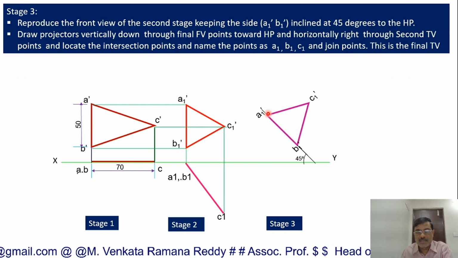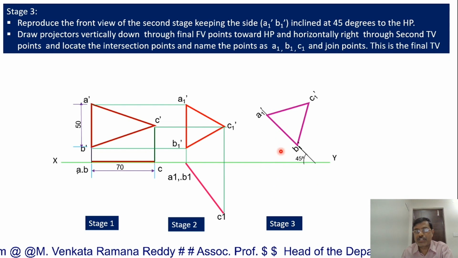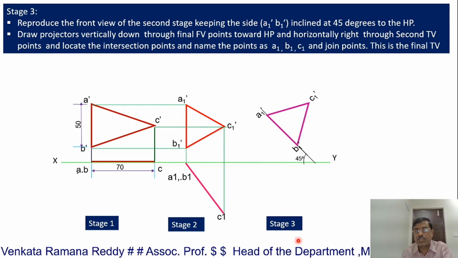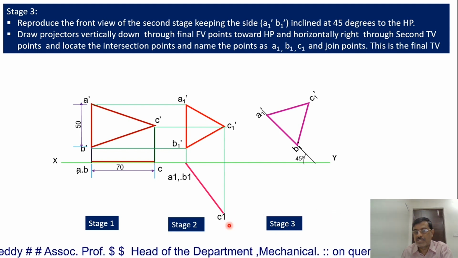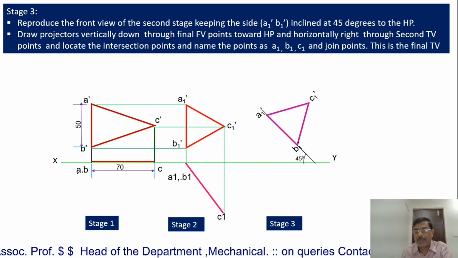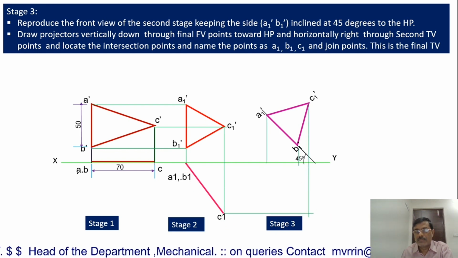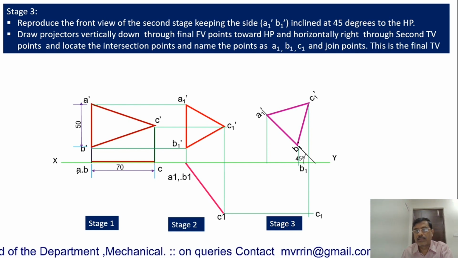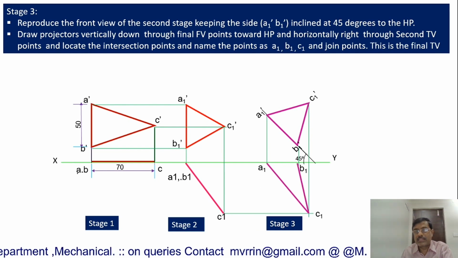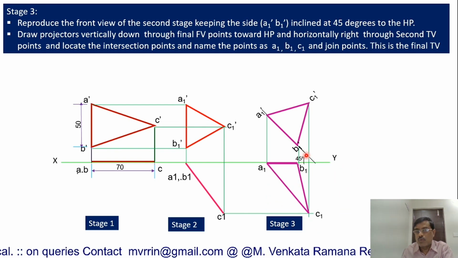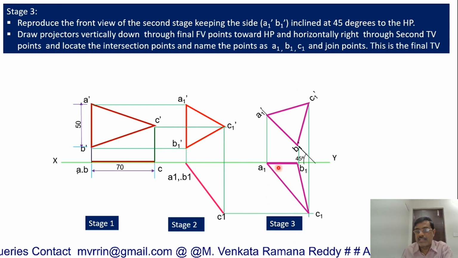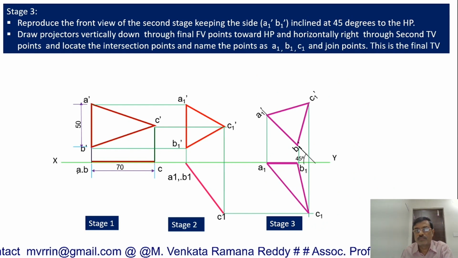Draw projectors vertically down from A1 dash, B1 dash, C1 dash, and projectors horizontally in the rightward direction from C1, A1, B1. Then locate the intersection points, join the points. Here, this is the final top view and this one is the final front view.